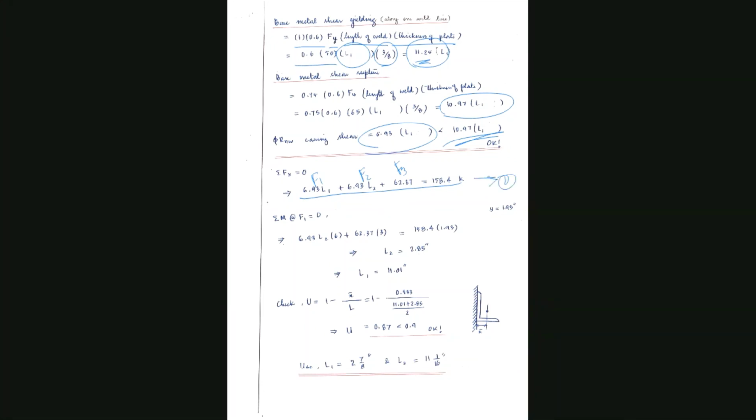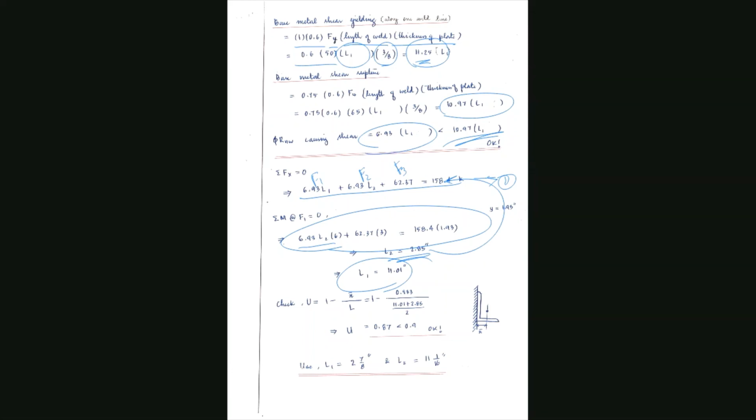Okay, you take moment about F1. So when you take moment about F1, the F1 term disappears and L1 also disappears. So when you solve this, you get the value of L2. Now if you know the value of L2, you substitute it back into this equation to find the value of L1.